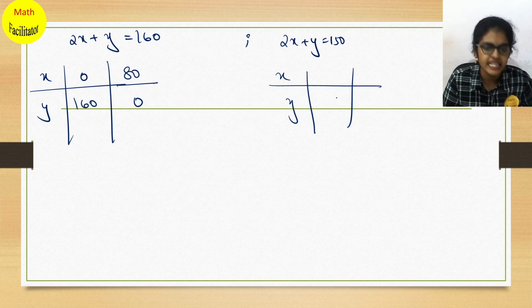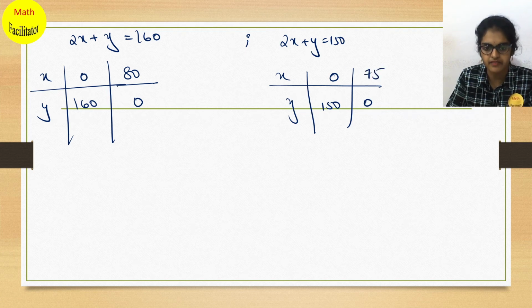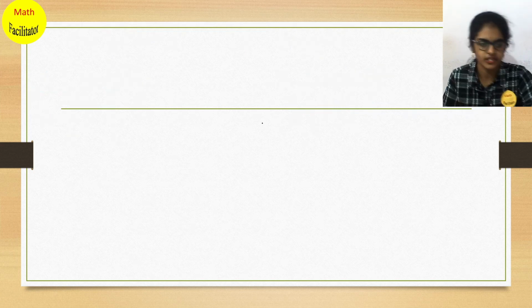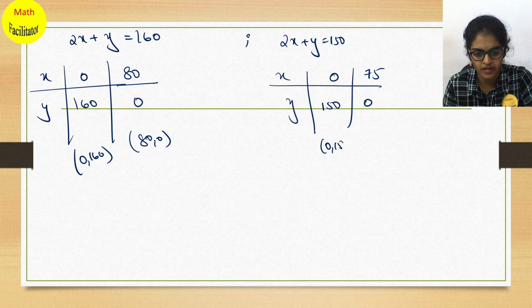If I take x as 0, y will be 150. If I take y as 0, x will be how much? x will be 75, 150 divided by 2. Let's plot the graph here. So the points are (0, 160), (80, 0) and here it is (0, 150) and (75, 0).